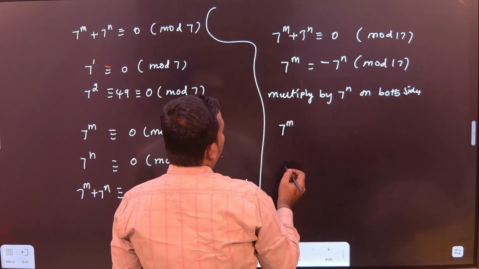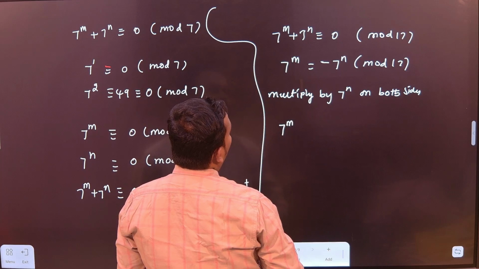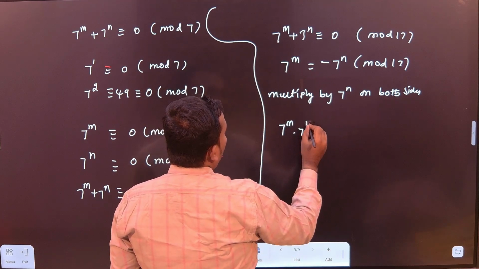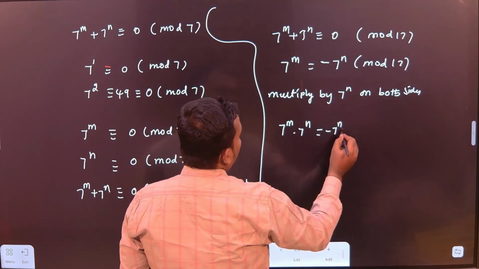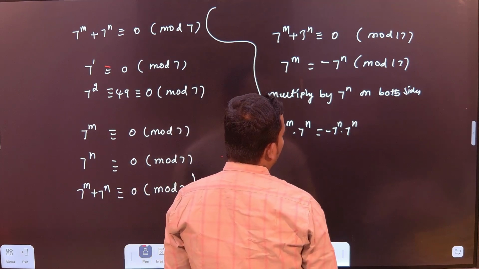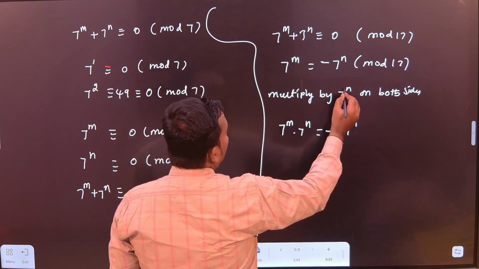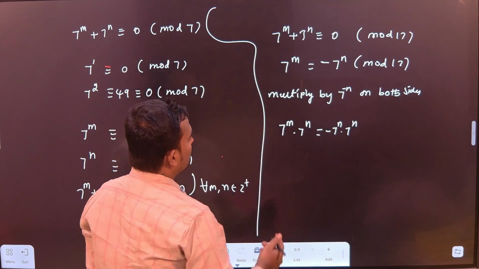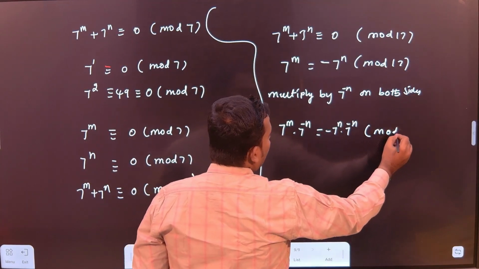You can multiply by 7 power n. So better, you multiply by 7 power minus n, then the right side will be minus 1, right? So minus n here, modulo 17.